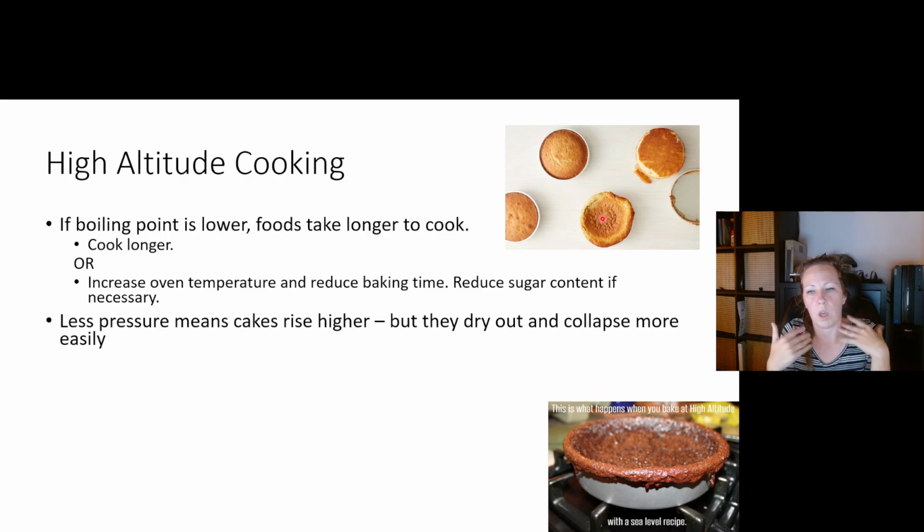And so what often happens is that they'll rise really high, but you take them out of the oven and they just collapse because that structure has been stretched too thin and it can't support all this air that has built up inside it. Okay.